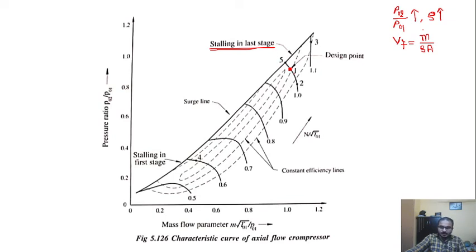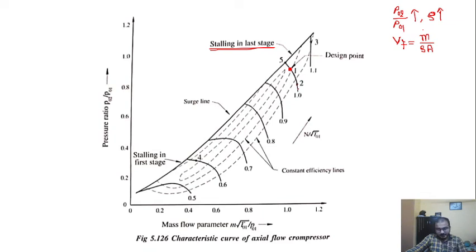Now let us say we go to point number 2. Here we have increased the mass flow rate, so the pressure ratio has decreased, so Vf has increased. That is the complete reverse of what we have discussed.